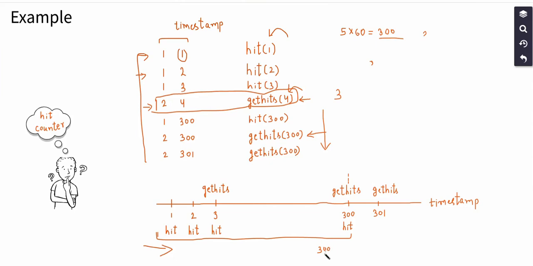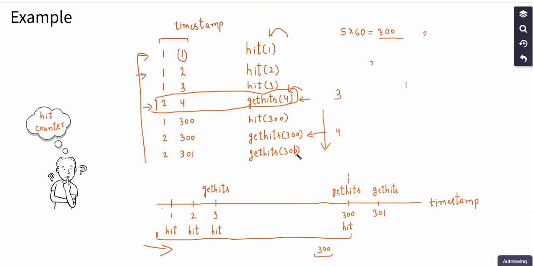So each timestamp basically represents a second, an instance at which the hit is made. So we have 300 seconds until this get hits function is called, and in these 300 seconds we can see that we have made 4 hits, and hence the answer for this get hits function would be 4.